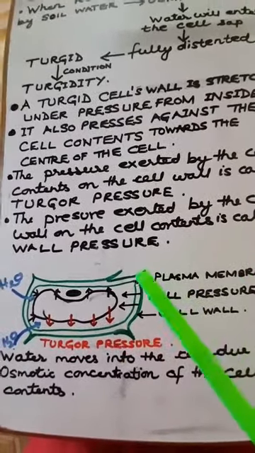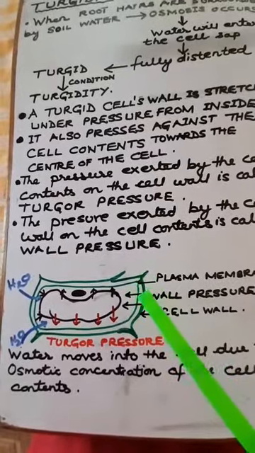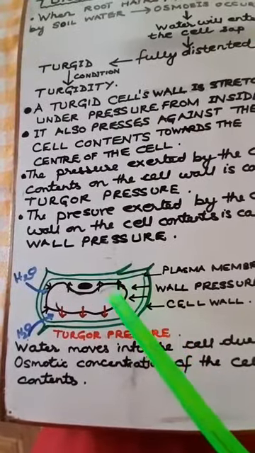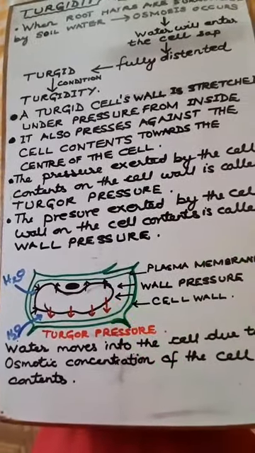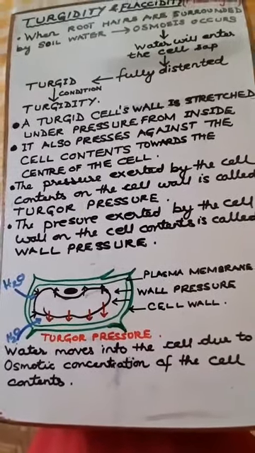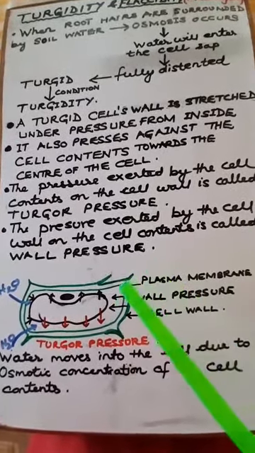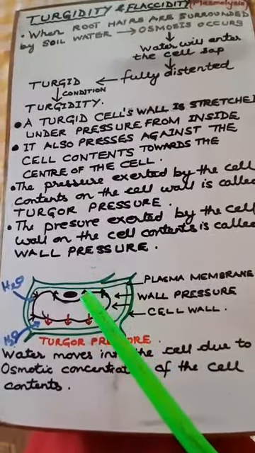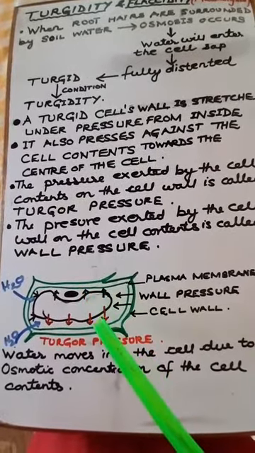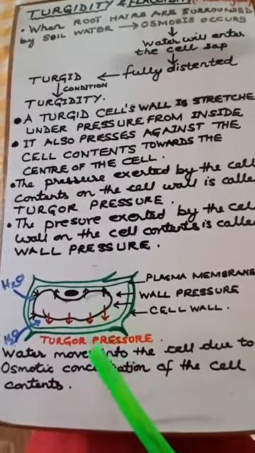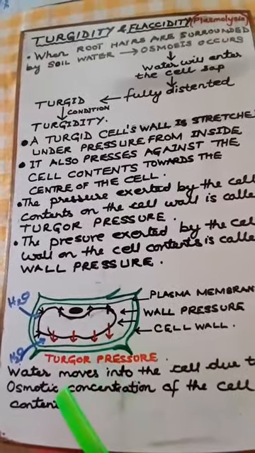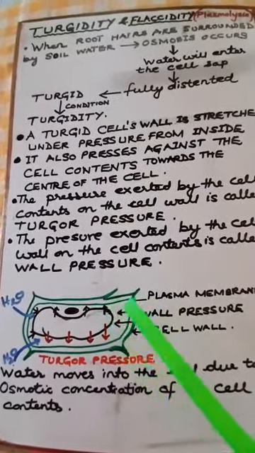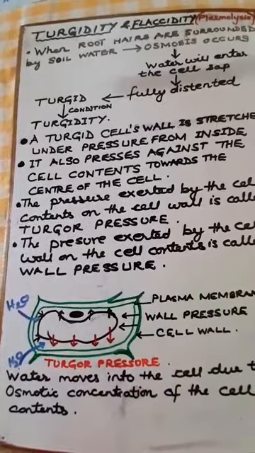But at the same time, when the cell wall is applying pressure inside, the contents of the cell also apply an equal pressure outside. The pressure exerted by the cell contents on the cell wall is called turgor pressure. When the wall applies pressure towards the cell contents inside, that is called wall pressure.